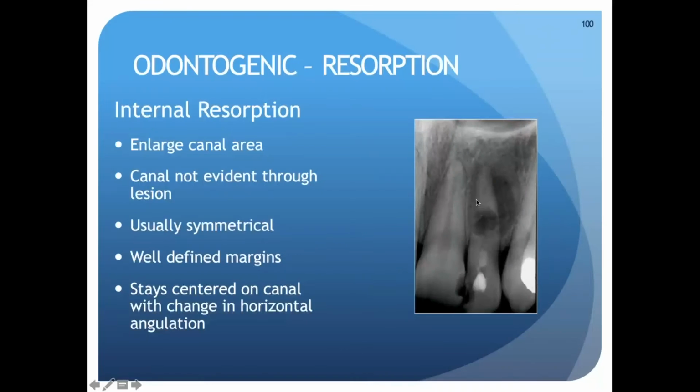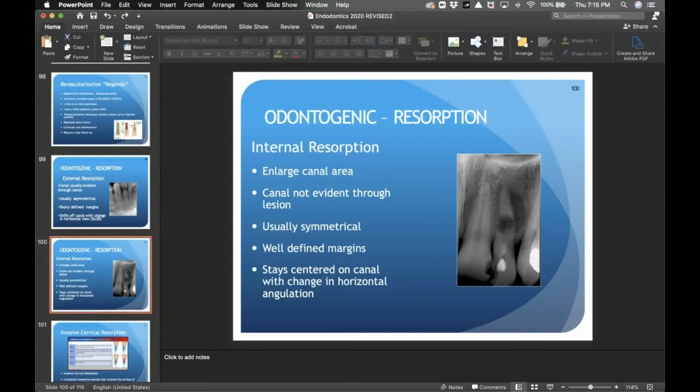If you look at the walls of the root, that resorption has completely gone through there. And we have this large periapical radiolucency. This is not a tooth that you would treat with a root canal. Now, if you had a much smaller localized resorptive defect and you caught it early enough, you could go in there and do the root canal, place some calcium hydroxide, and hopefully kill the cells that are causing that resorption.